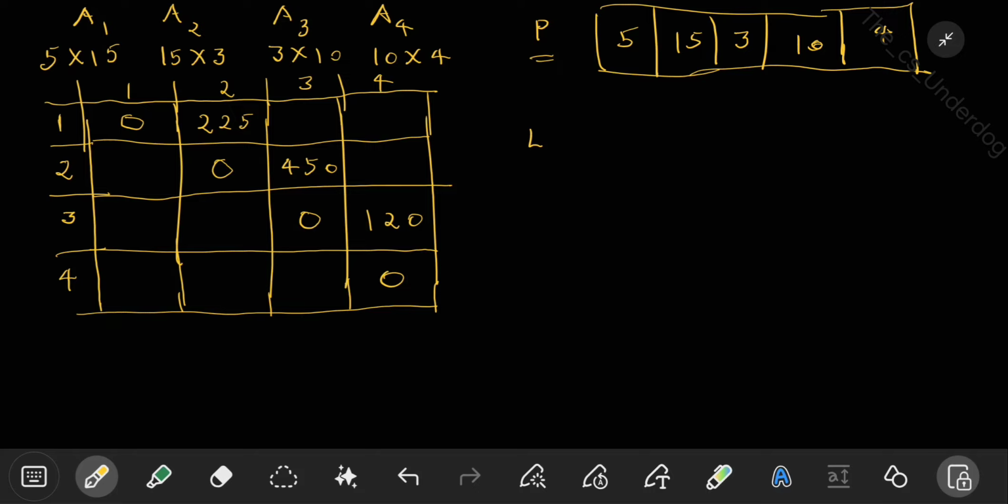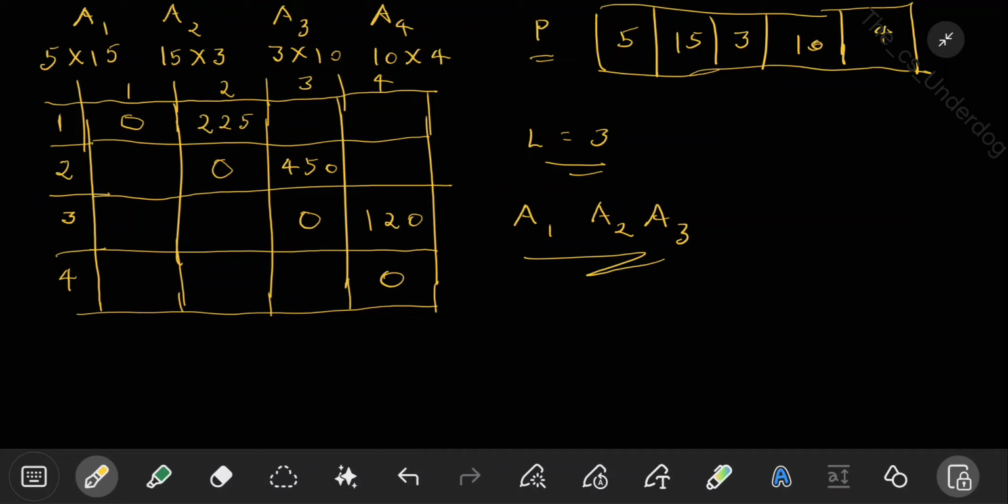Next step is when length is equal to 3. There are three matrices involved. This is the diagonal we are looking at. What is this entry? dp of 1, 3. So 1, 3 says multiplication of all those matrices from A1 to A3. Which are the matrices involved? A1, A2 and A3.